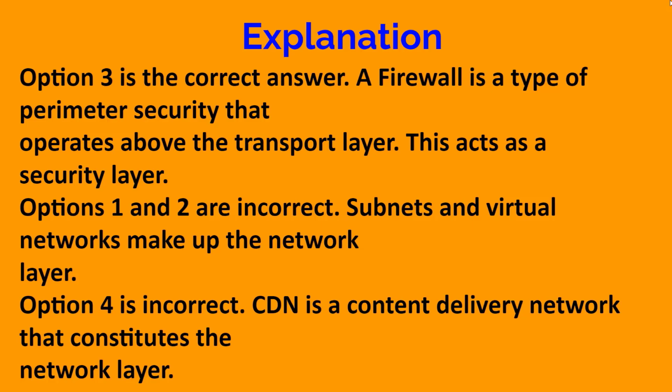Option 3 is the correct answer. A firewall is a type of perimeter security that operates above the transport layer. This acts as a security layer. Options 1 and 2 are incorrect. Subnets and virtual networks make up the network layer. Option 4 is incorrect. CDN is a content delivery network that constitutes the network layer.